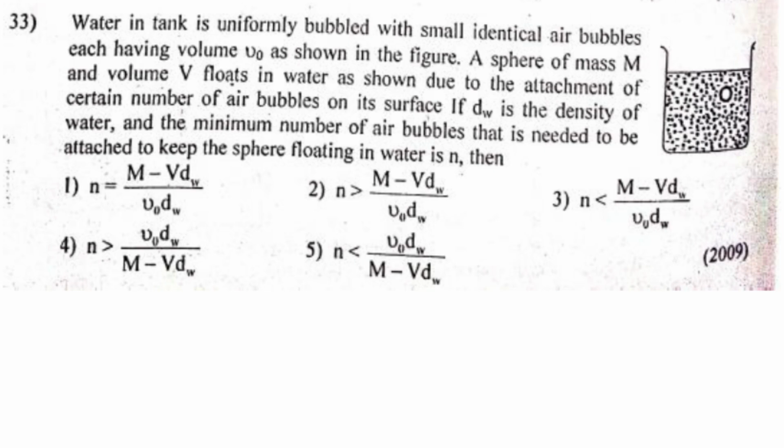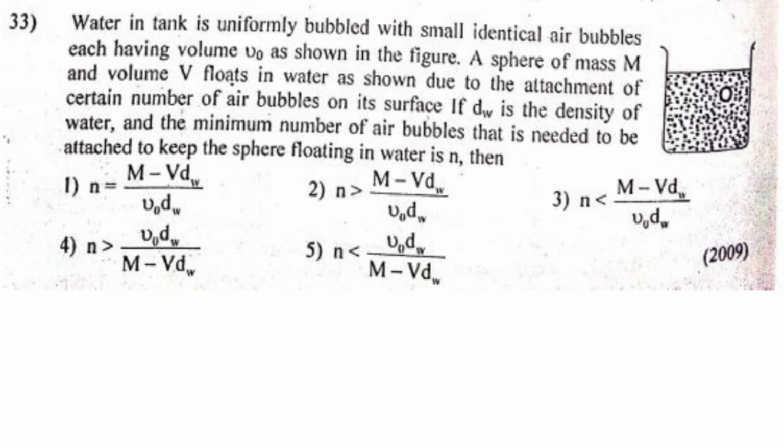33. Water in the tank is uniformly bubbled with small identical air bubbles, each having volume V0 as shown in the figure. A sphere of mass M and volume V floats in water due to the attachment of certain number of air bubbles on its surface.